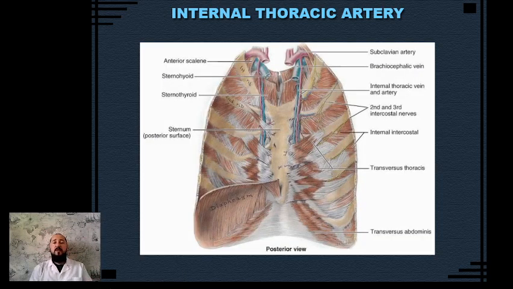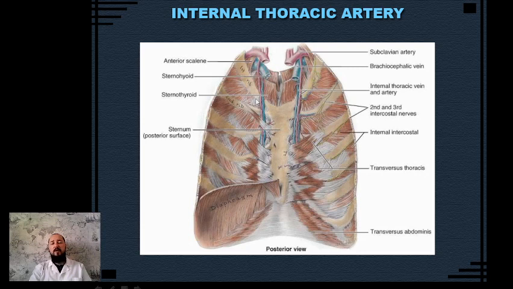Internal thoracic artery. What is this artery? This is a small artery, but it has a big meaning because it has many big branches. First of all, let's take a look at where it is located. The internal thoracic artery arises from the subclavian artery, going downwards.